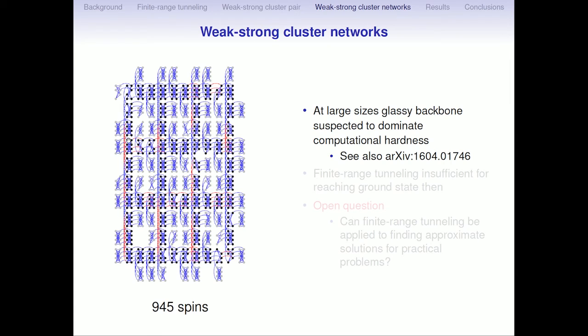All that means is that we just randomly pick the sign of their couplers, whether that's -1 or +1. So you can kind of view it as a spin glass at 0 temperature. If you collapse each unit cell to a big spin and connect these spins with random couplings, that's the only reason why we call this the glassy backbone of the problem. Okay, thank you.